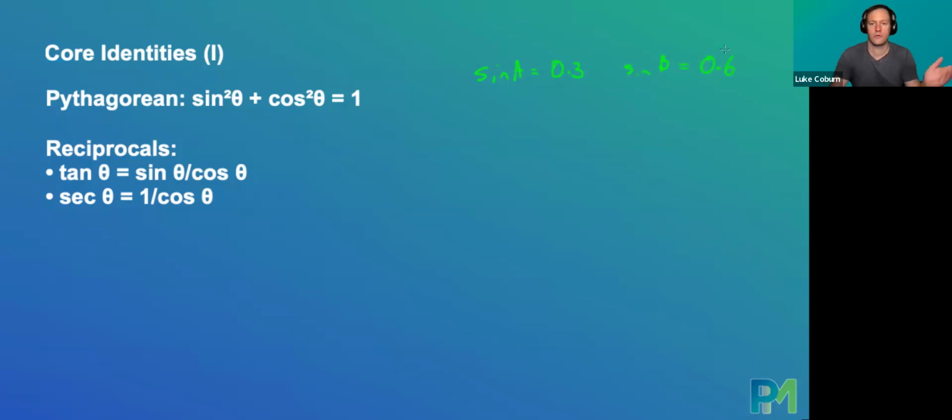Just two things. What we're going to be able to do is get sine of A plus B, sine of A minus B, cos of A, cos of B, cos of A plus B, cos of A minus B, then tan of A, then sine of 2A.